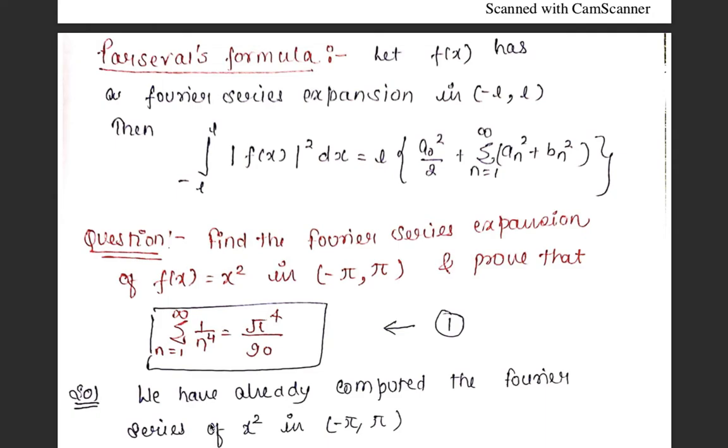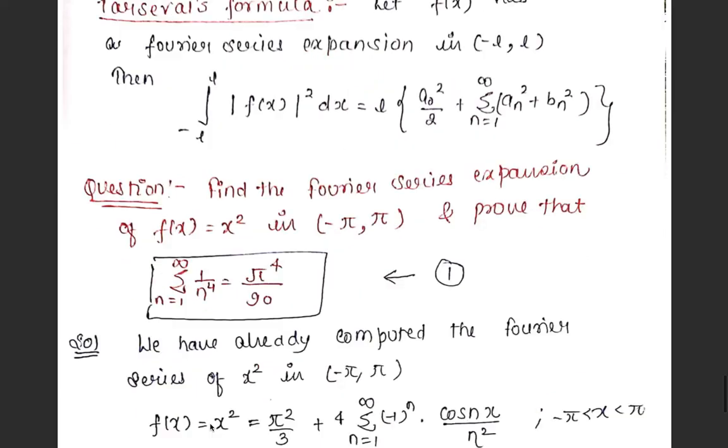It states that if f has a Fourier series expansion in the interval -L to L, then the integration of modulus of f(x) square within the limits -L to L is given by this quantity, which is L multiplied with a0 square by 2 plus summation n from 1 to infinity an square plus bn square. These are the same coefficients a0, an and bn in the Fourier series expansion.